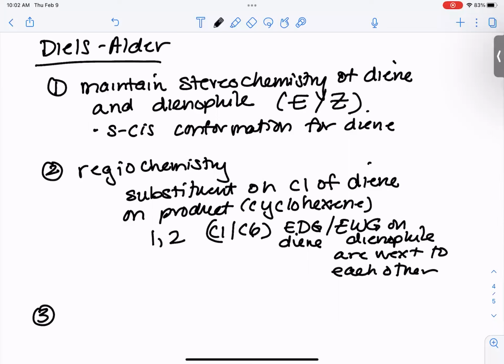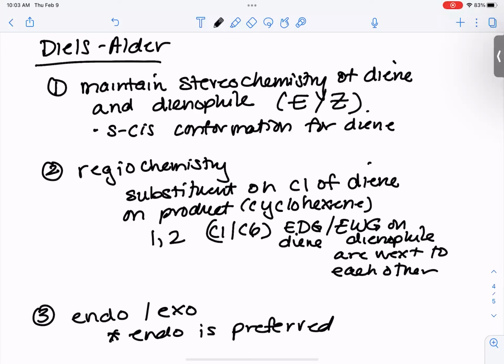Then we're going to look at endo and exo. You need to remember that endo is preferred if possible.